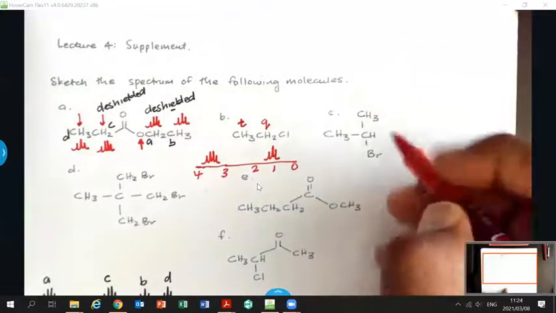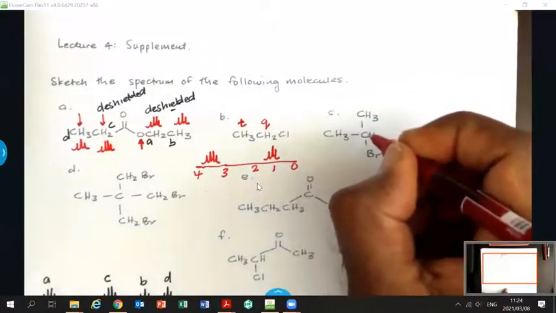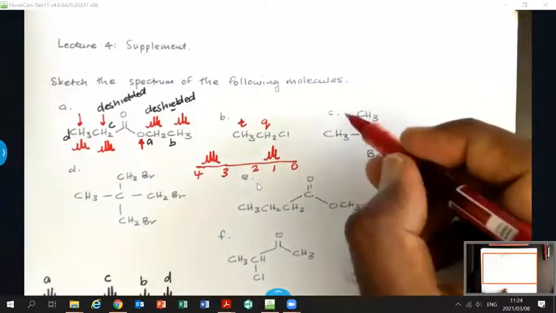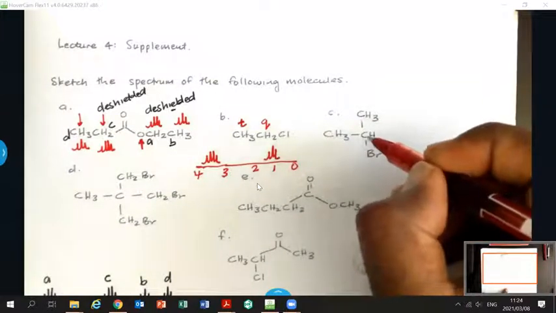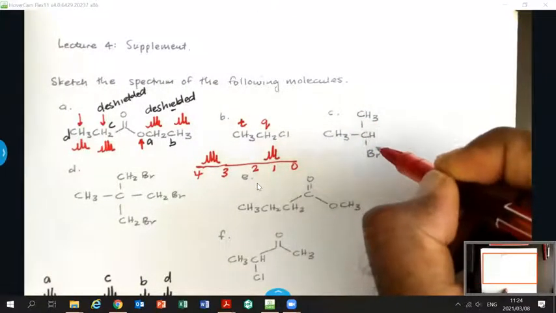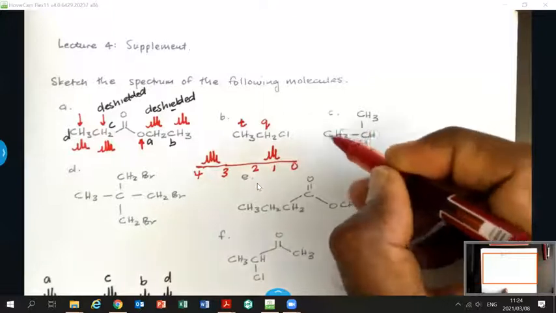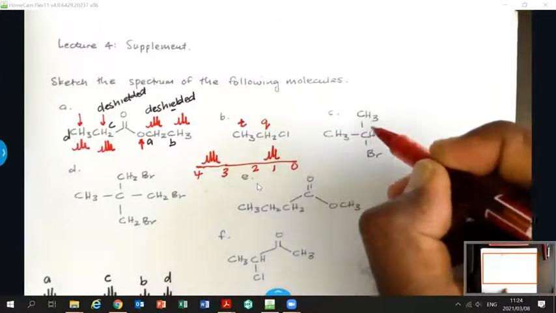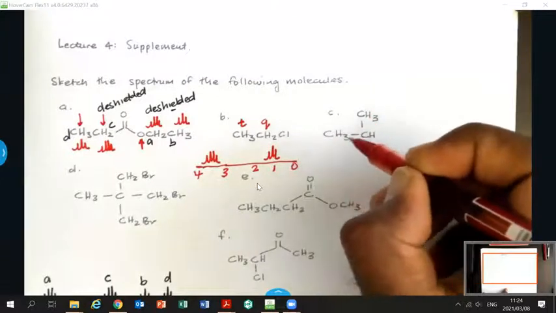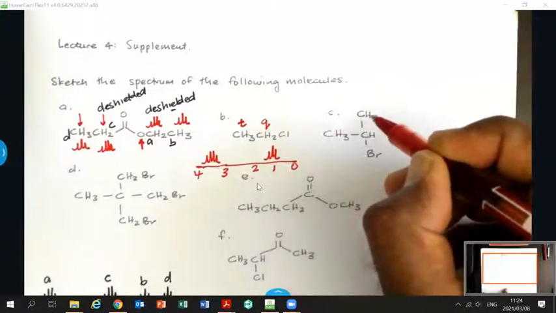Here, I have one CH group, and I have a CH3 group and a CH3 group. And now I can actually look for symmetry, and I can find symmetry in this molecule because I can see down this center here, I can have some symmetry, which means that this CH3 group is equivalent to that CH3 group. So I'm going to see one resonance for both of these CH3 groups, right?